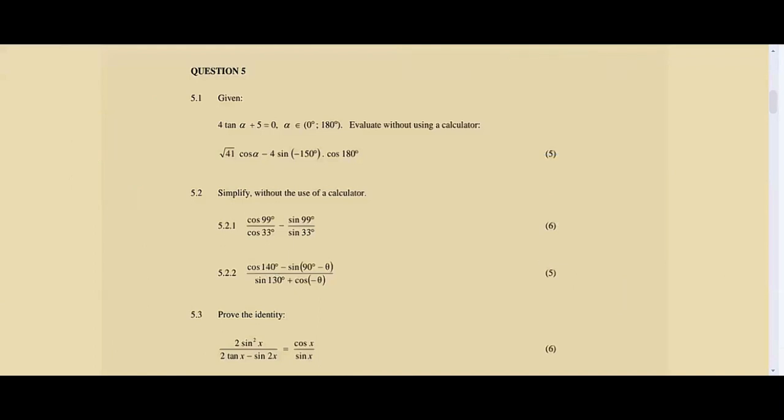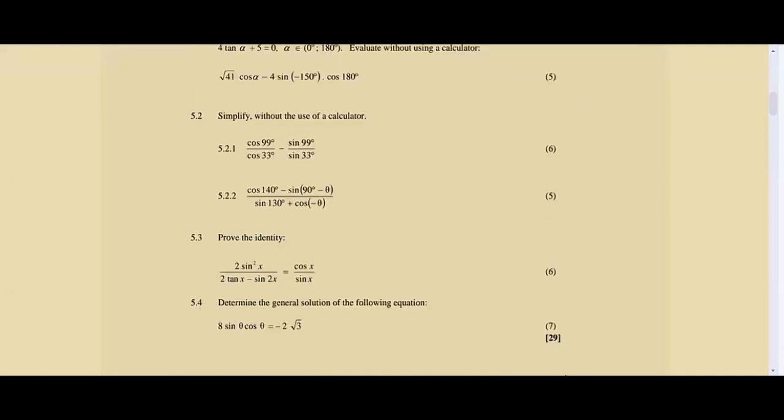Okay, so we have 5.3. It says prove the identity. We are given 2 sine squared x over 2 tan x minus sine 2x, right? So how do we approach this one here? The first thing that you want to do is write this in a manner that will be friendly for calculations.